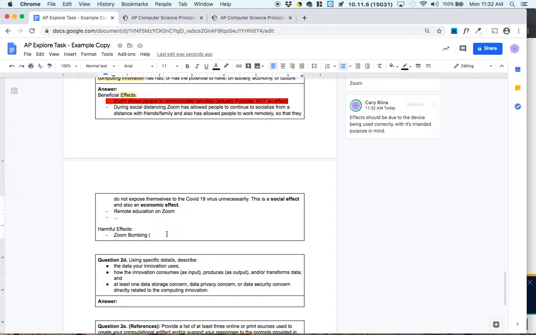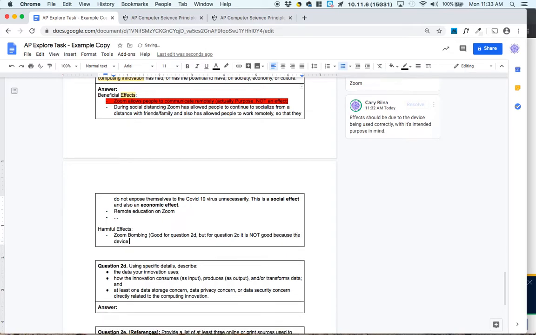So this is good for question 2D, but for question 2C, it is not good because the device is not being used correctly. It is not an effect of the device being used correctly.